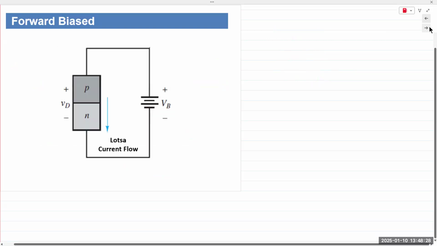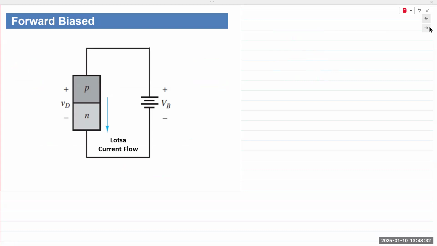Okay, let's talk about forward bias and reverse bias. We have plenty of time. If you take the anode and cathode of a PN junction diode and connect the anode to positive and cathode to negative, we say that the diode is forward biased. What happens is P-type material has an excess of holes, N-type material has an excess of electrons.